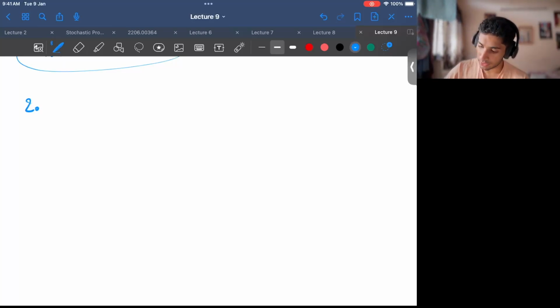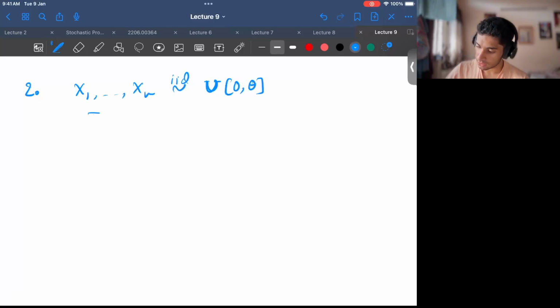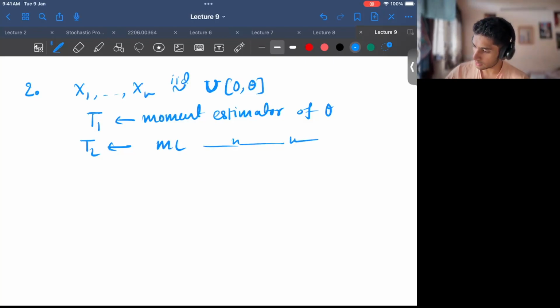Okay, so the next thing is as follows. x1 till xn are all sampled IID from a uniform distribution with parameter 0, theta. You have T1, the first estimator, which is a moment estimator of theta, and T2, which is a maximum likelihood estimator of theta.